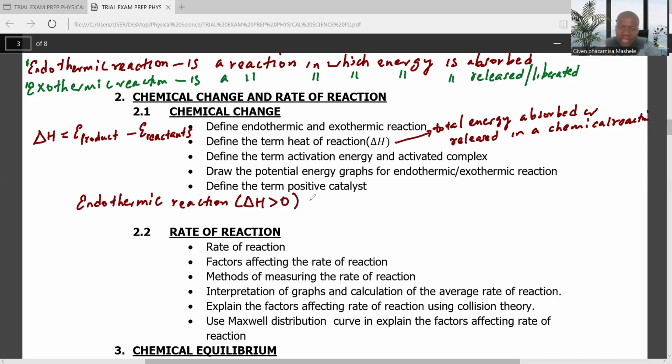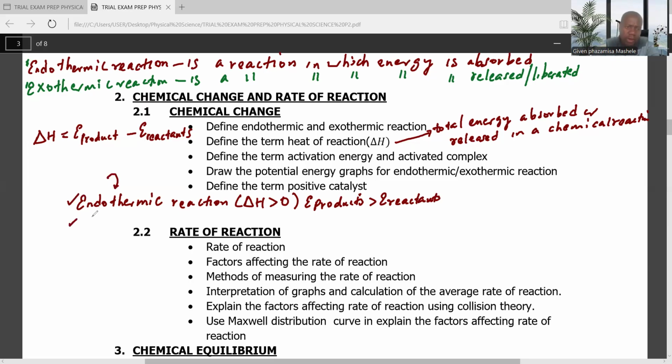It means that the energy of the products is greater than the energy of the reactants, so there are more products than reactants in terms of energies. So if you want to check that you are dealing with an endothermic reaction, the heat of reaction should always be bigger than 0, which means there is more energy in the products than the reactants.